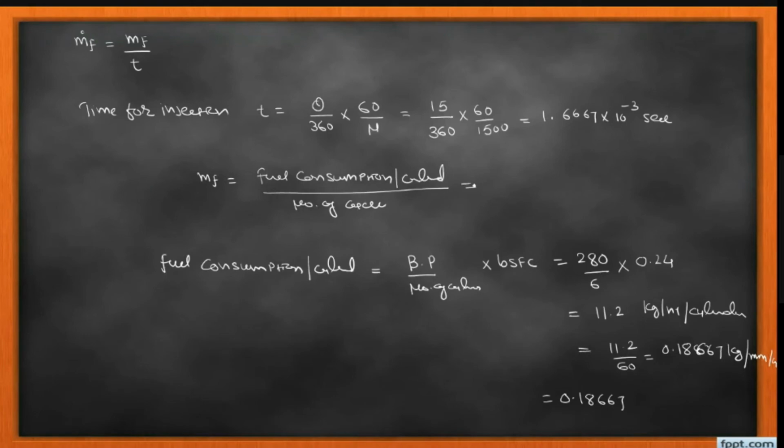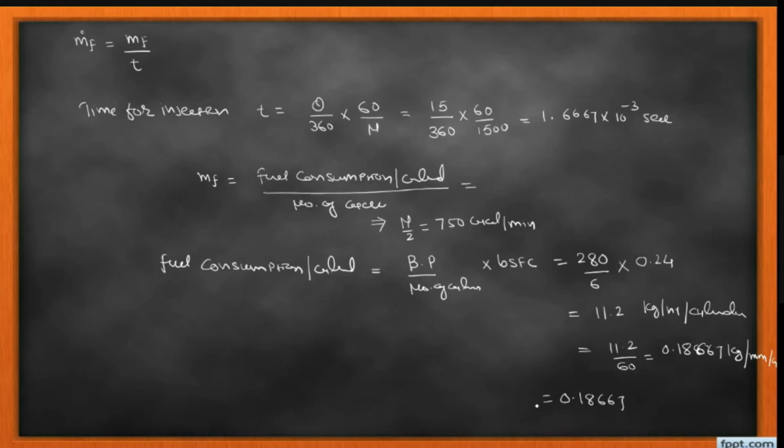The number of cycles is half of the number of revolutions, and it is also per minute because it is RPM, revolutions per minute. So the number of cycles equals N divided by 2, which equals 750 cycles per minute, and this is the fuel consumption in kg per minute per cycle.